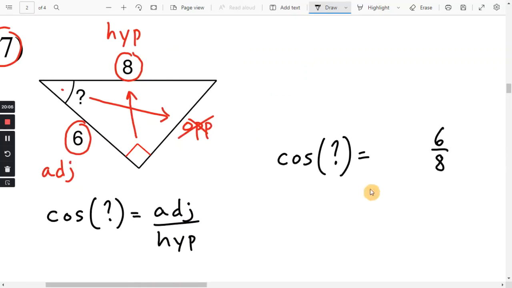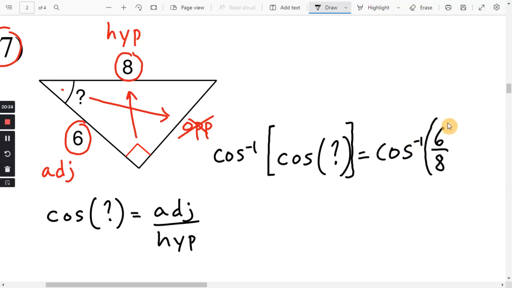All right. Now to get cosine to cancel, you want to take the inverse cosine of that whole thing. And do this to both sides. So inverse cosine of 6/8. On the left, the cosines drop out. We're left with the question mark. And we're going to do inverse cosine of 6/8 on the calculator. Okay, no need to reduce this.